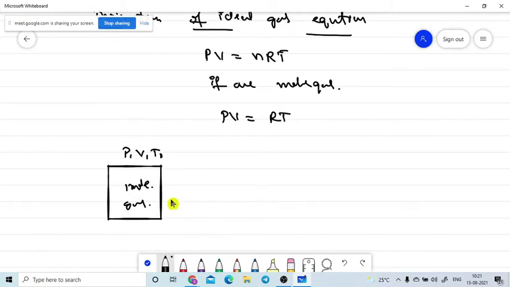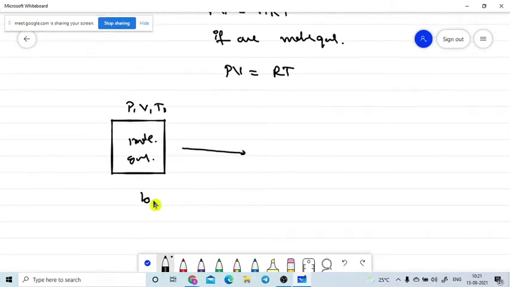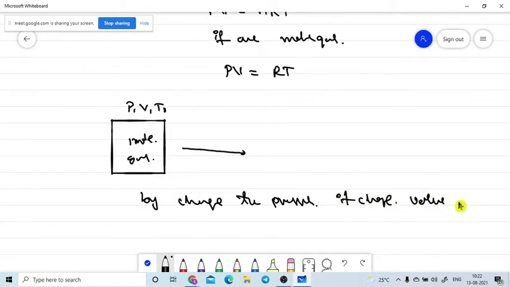So what I did, I am changing the pressure. By changing the pressure, I converted the volume from V1 to V. So this process is done at the same constant temperature.